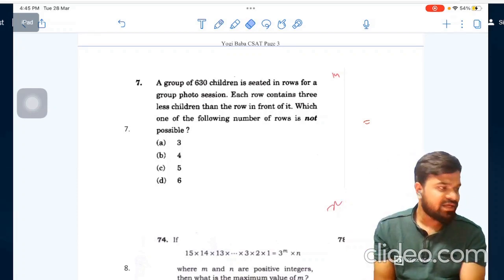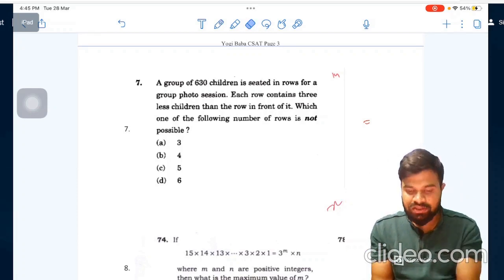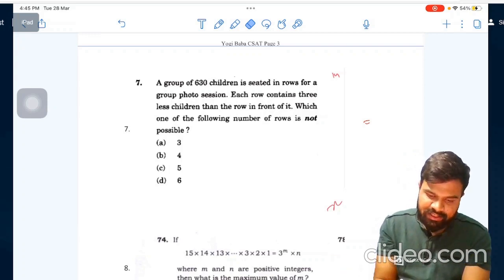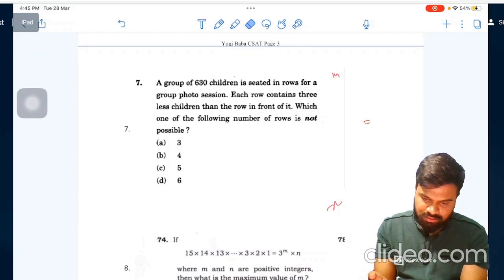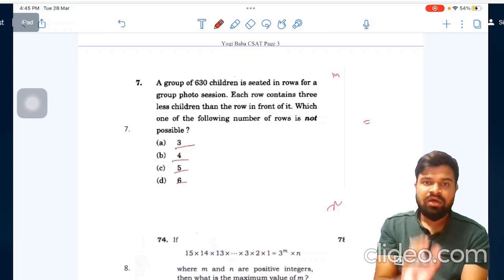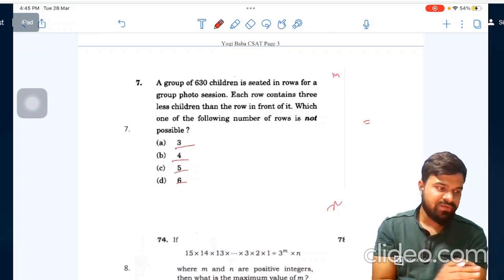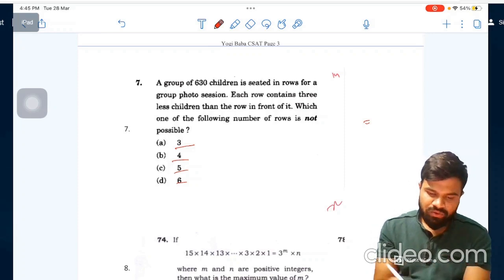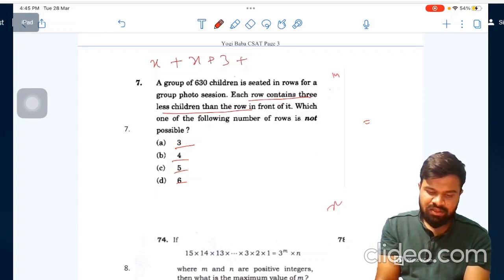What we can do here is just create three rows, four rows, five rows, and six rows. Based on these combinations, if each row contains three fewer children than the row in front of it, it can be something like x, x plus 3 and x plus 6 for three rows.